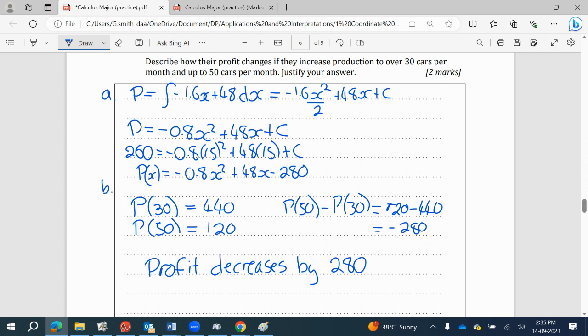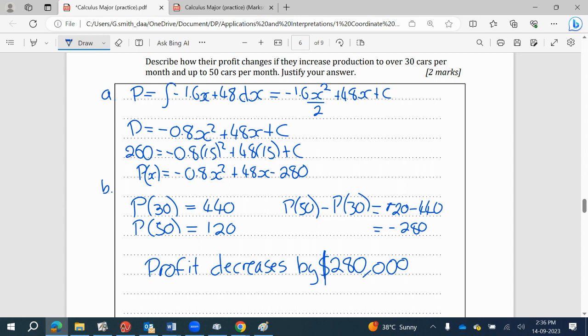How much is it? 280,000. Lorenzo. 280,000. What's the unit? Dollars. So typically with an interpretation, explain what it's doing and make sure you have some numbers in it as well. Some numbers, some units and a description of what's happening.